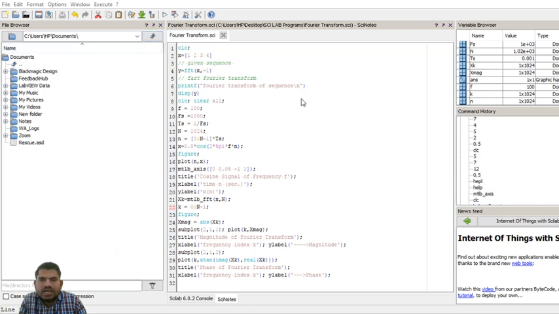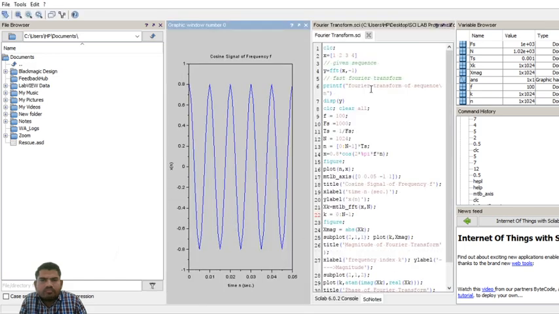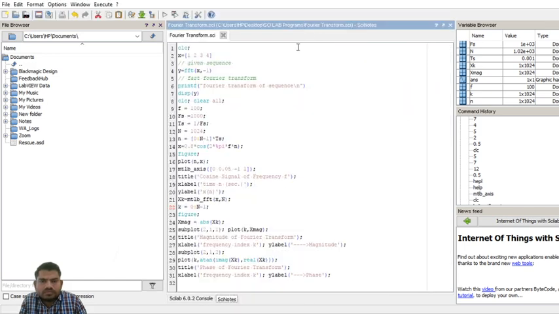Here these are the outputs we are getting.